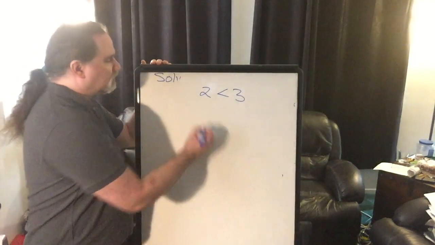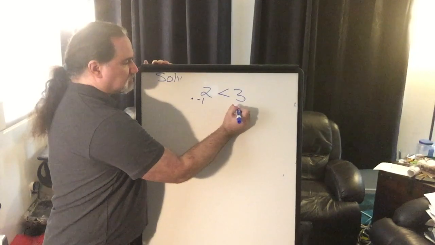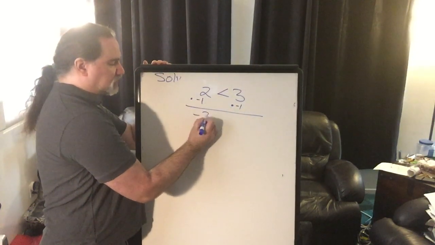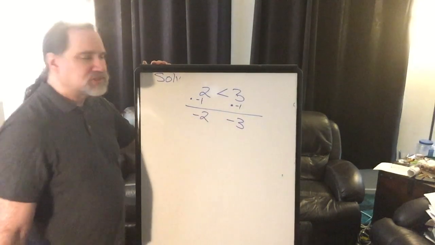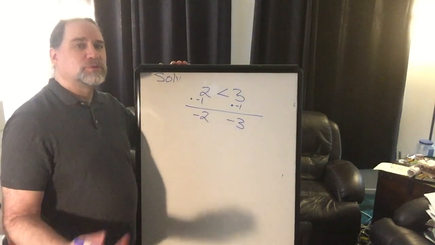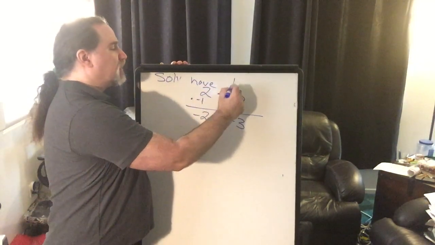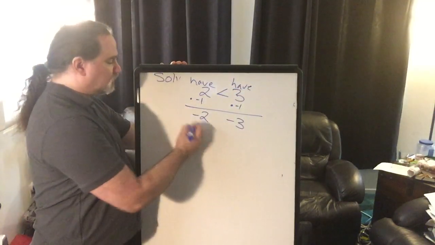But what happens when I multiply both sides by -1? Well, a positive times a negative becomes a negative, and a positive times a negative is still a negative. And now I ask you this question: which would you rather? So I asked you here, would you rather have $2 or would you rather have $3? And you told me you'd rather have 3. Now I ask you, which would you rather?